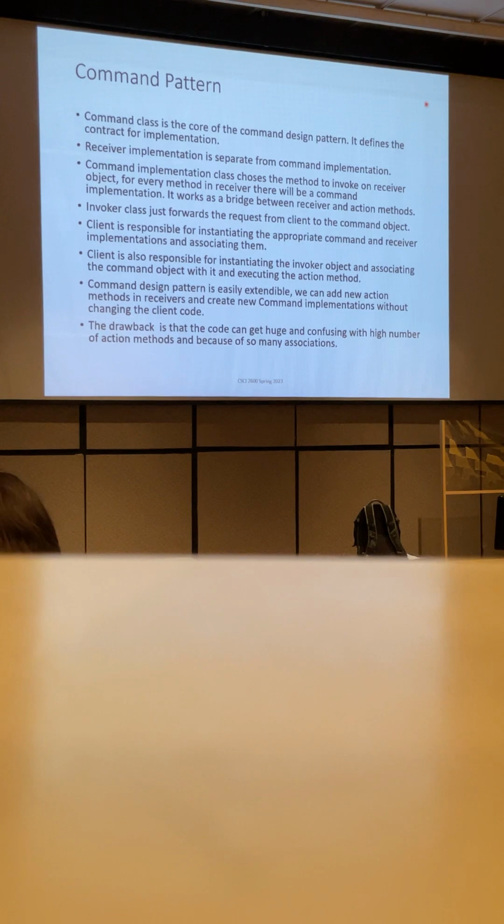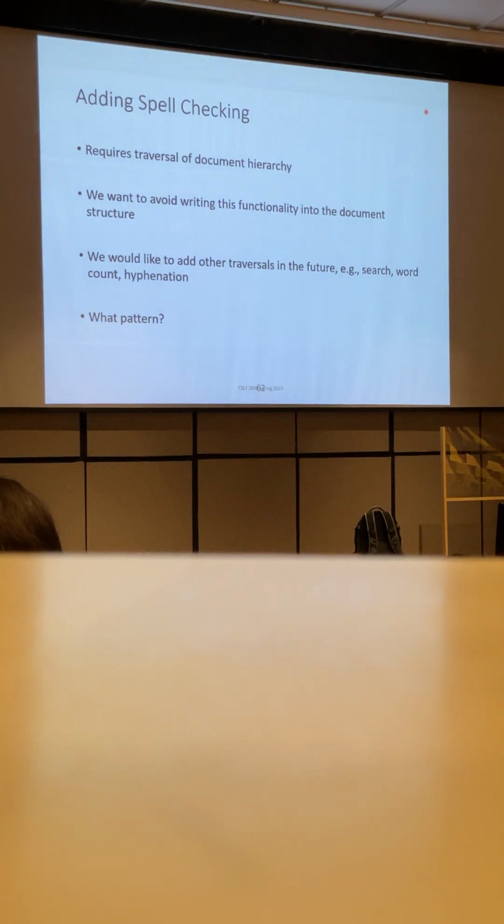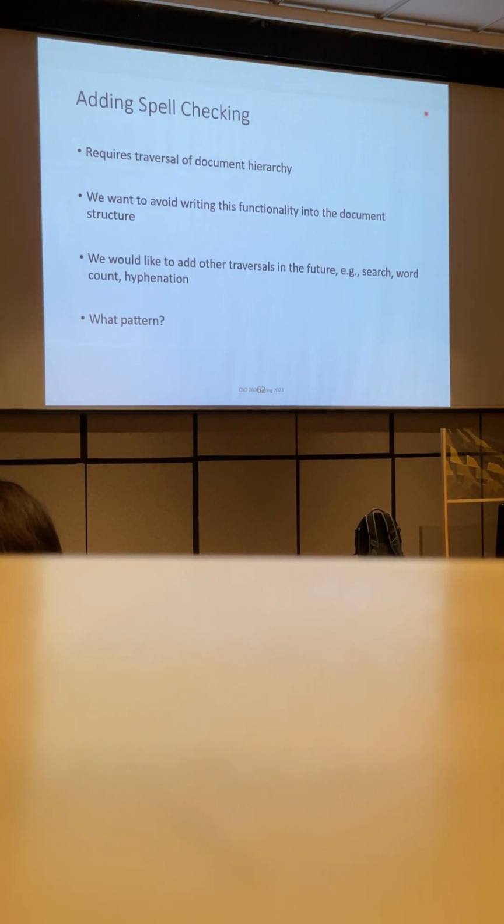By having this invoker, our client only depends on the interface of the invoker class and not the actual command object or the interface that represents all the command objects. So that's the basic idea about the command interface.